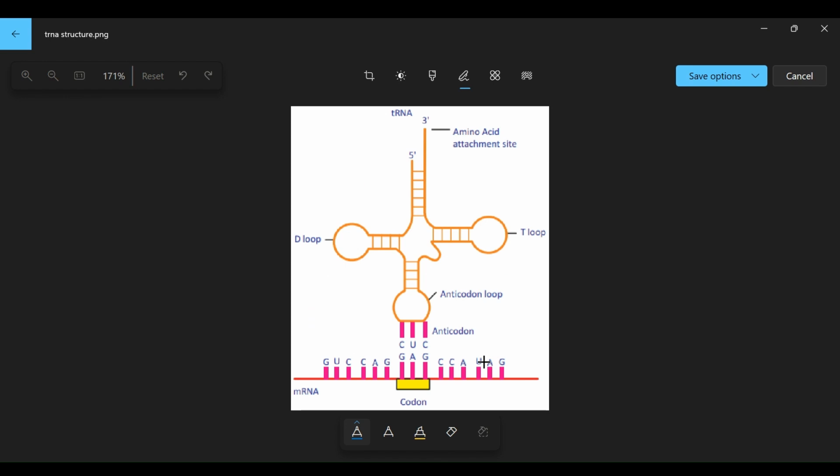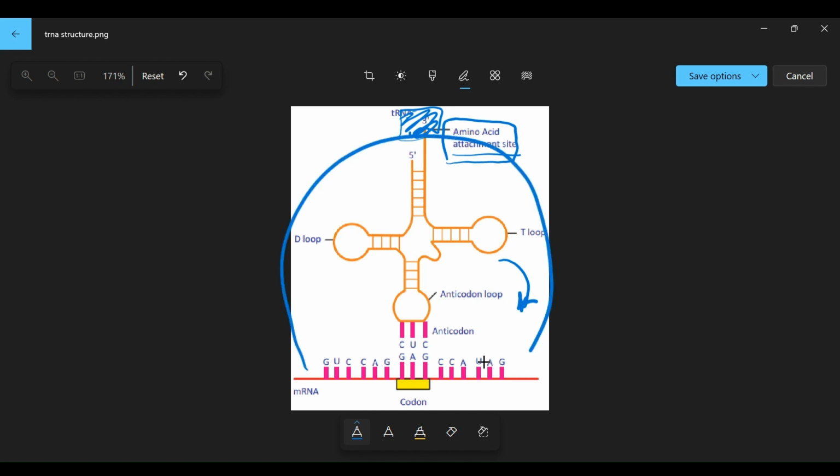And here we have the transfer RNA. These molecules ferry amino acids to the ribosomes. So here, at the amino acid attachment site, we have an amino acid, and this transfer RNA will bring this amino acid and transfer it to the ribosomes to be part of the translation process, which we'll talk about in part three.